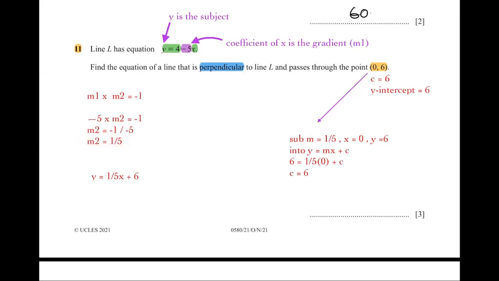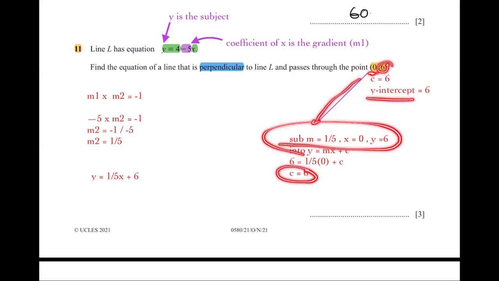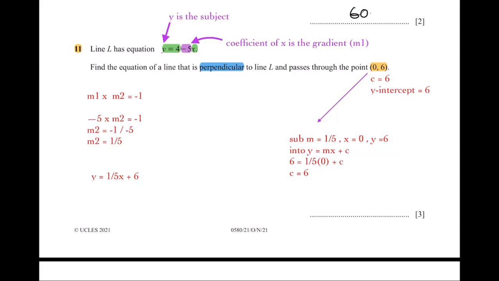Then you continue reading the question. It says it passes through the point (0, 6). This immediately gives you your y-intercept, because when x is 0, that is your y-intercept. So c will be 6. If you don't believe it, you can substitute it into the equation and find your c, which is 6, and put it back in here. y equals mx plus c. You get y is equal to 1 over 5 x plus 6.